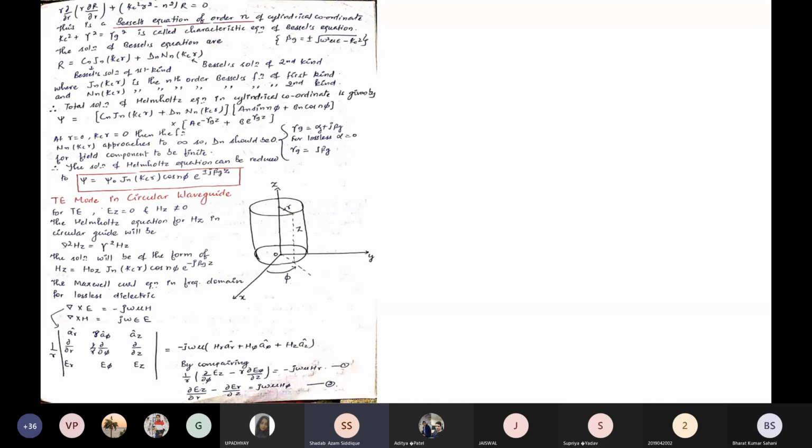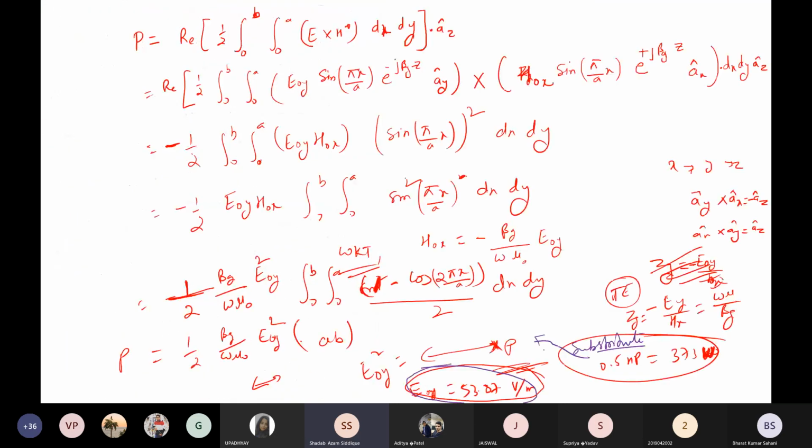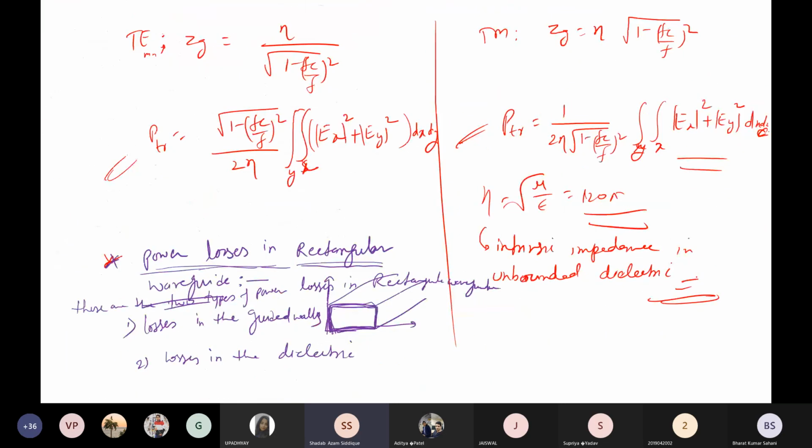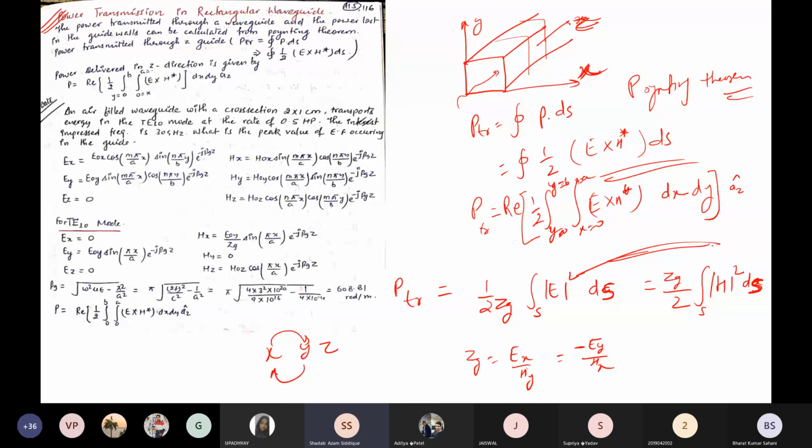And again, we will try to find out TE mode and TM mode, same as we did in the rectangular waveguide: starting with the Helmholtz equation, take the curl equations, find the six equations, and those six equations can be solved together to find the solution. So we will see in the next class.